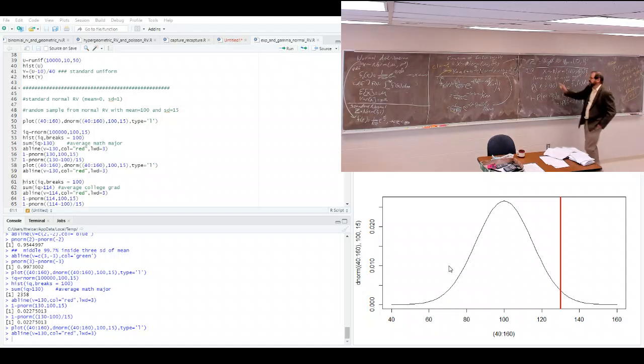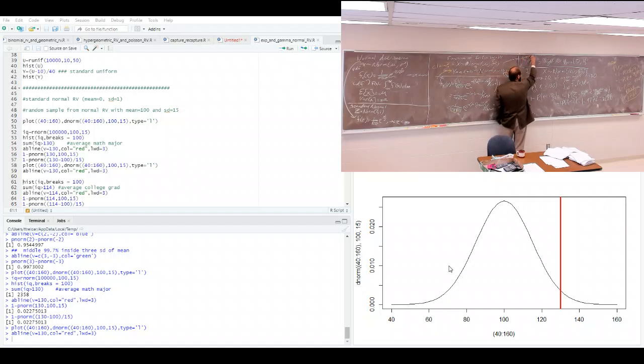So notice what we're doing on the right-hand side is we're taking the value that we're interested in, we're subtracting the mu and we're dividing by the sigma. When we do that, that's oftentimes called the z-score.